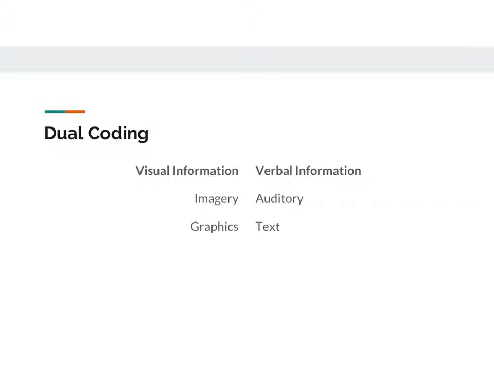Another very important concept that cognitive load theory is built upon is dual coding theory, and this was an earlier theory that Sweller built upon. Dual coding theory has to do with the idea that our brains can actually process two channels of information at any one time.